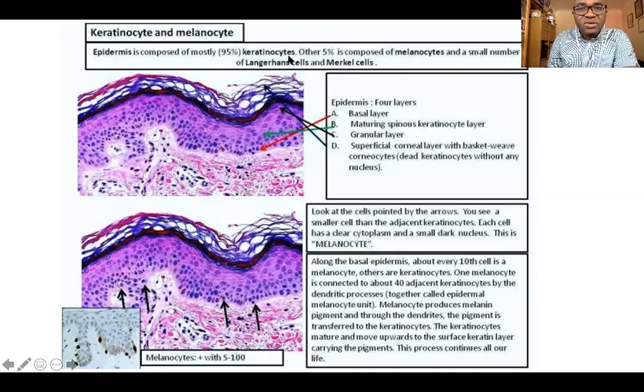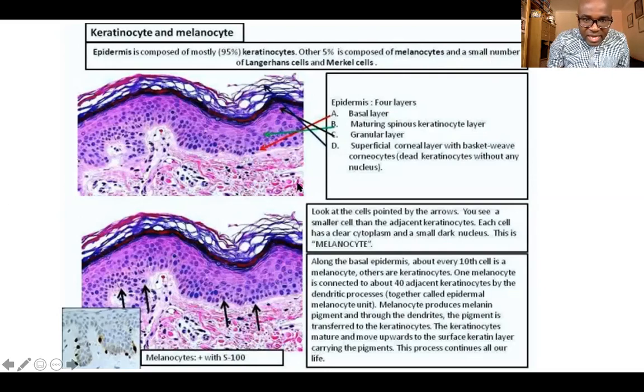Remember from the picture we saw, with 5% of melanocytes and a smaller number of Langerhans and Merkel cells for their defense mechanism.